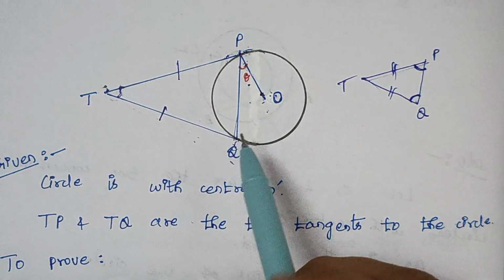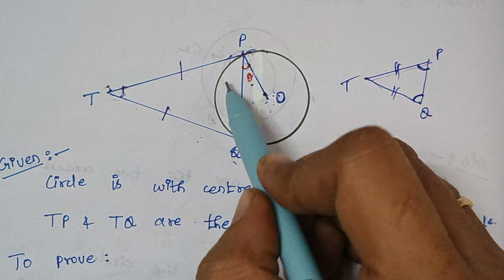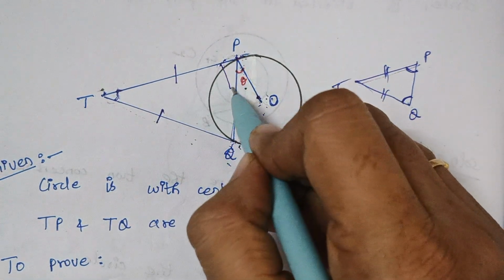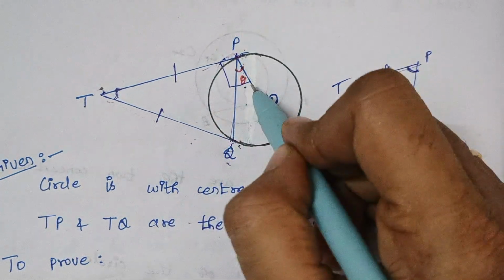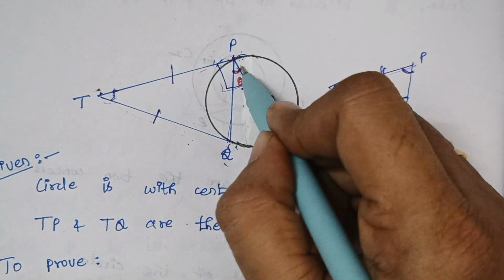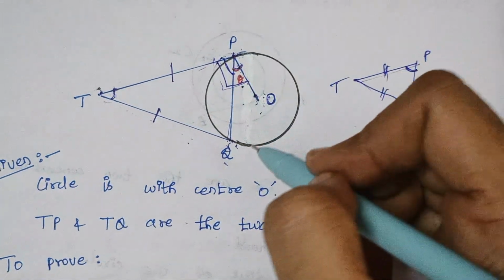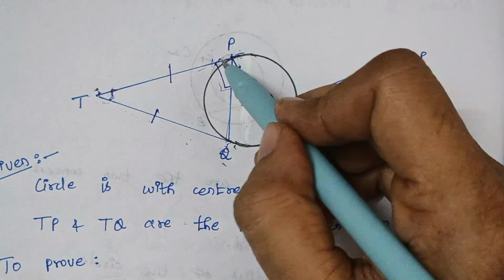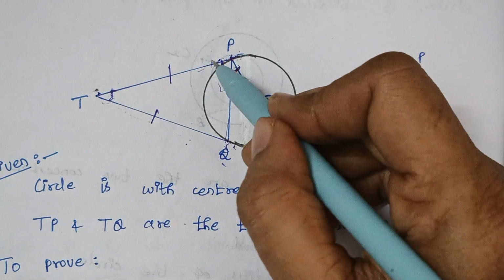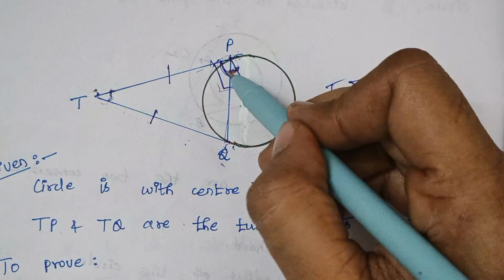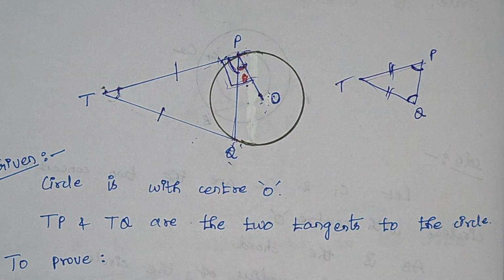Observe carefully, this angle OPT is 90 degrees and this angle is theta. So what about this angle? The entire angle is 90 and this is theta. So this angle will be 90 minus theta.